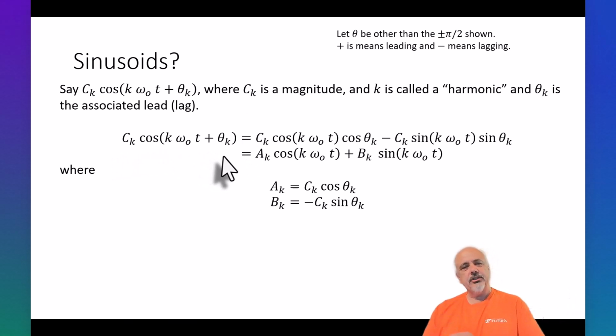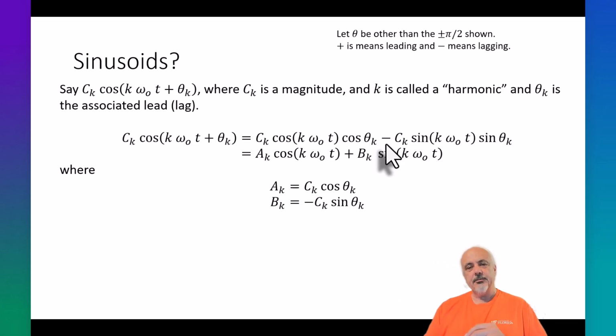So if we break out the cosine of the sum of two angles, we would have c sub k times cosine of k omega naught t times cosine of theta k, and then minus c sub k times the sine of k omega naught t times the sine of theta k.